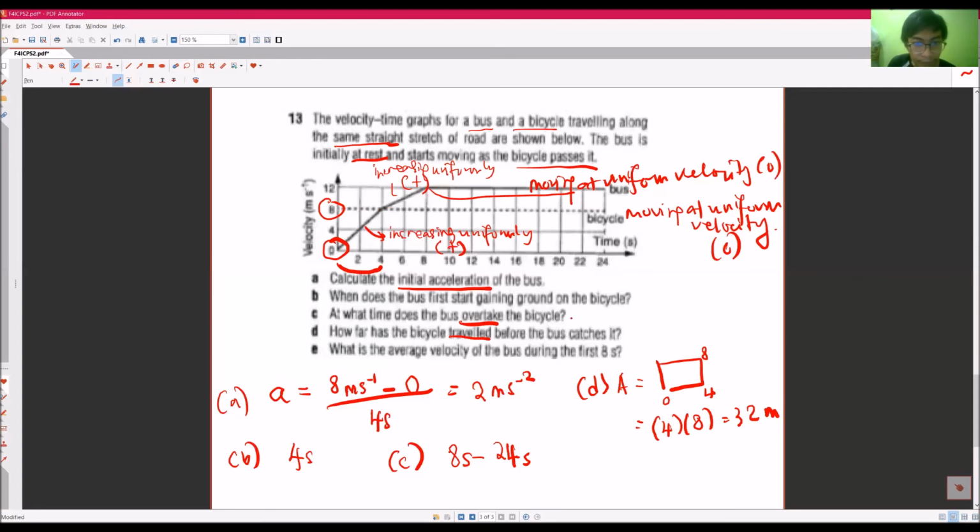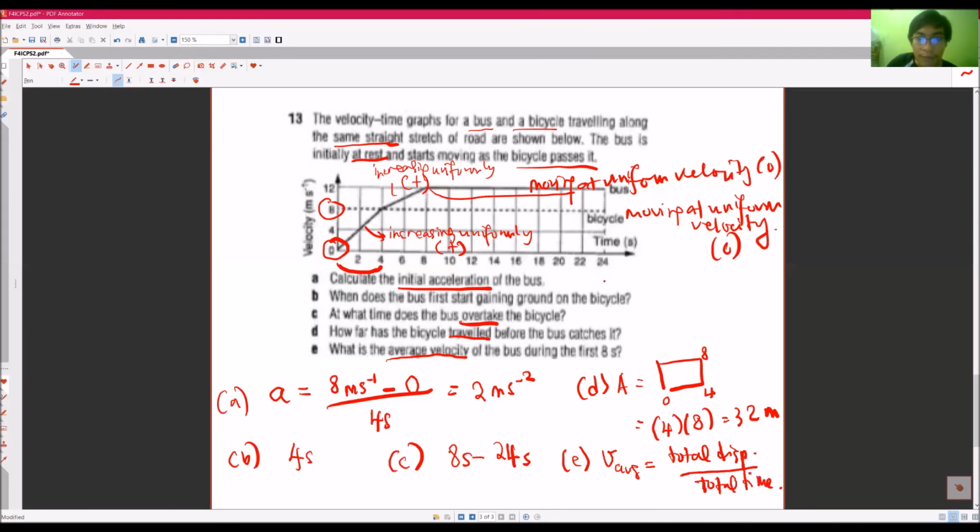Okay. What is the average velocity of the bus during the first 8 seconds? So average velocity is equal to total displacement divided by total time.